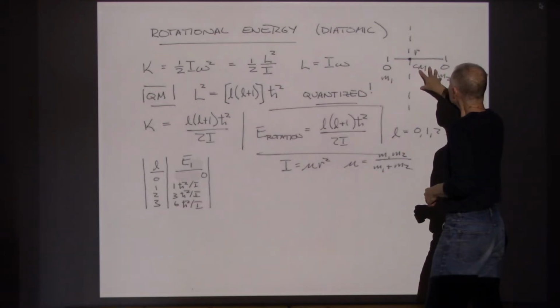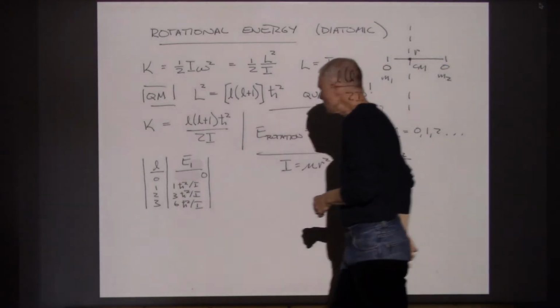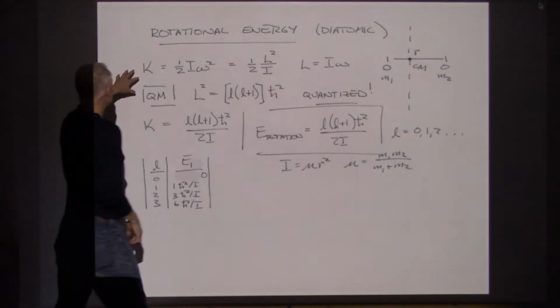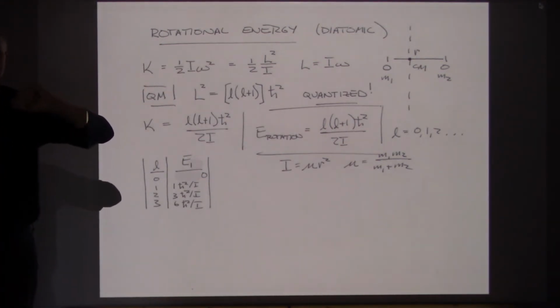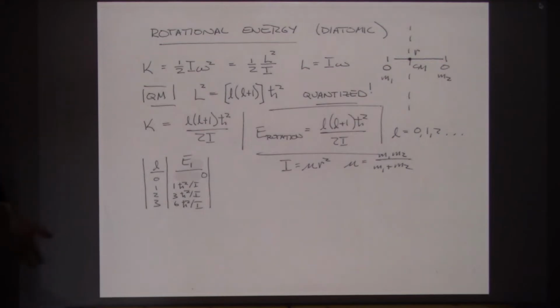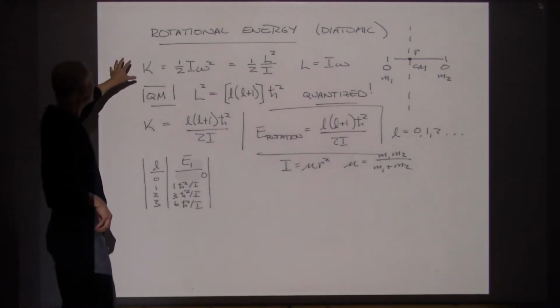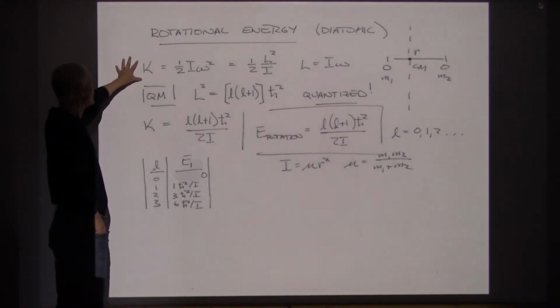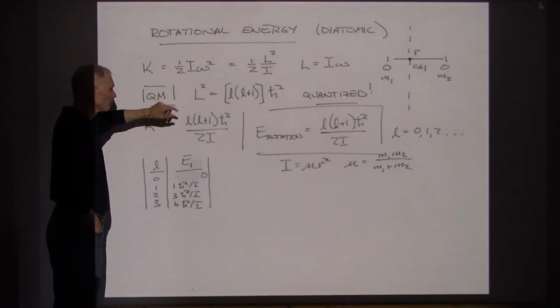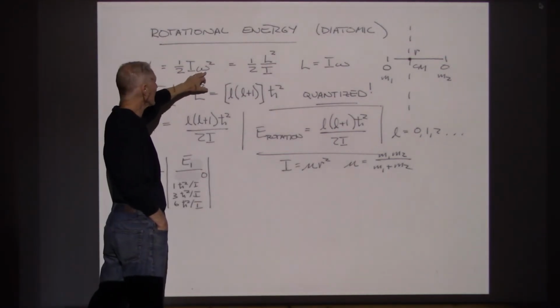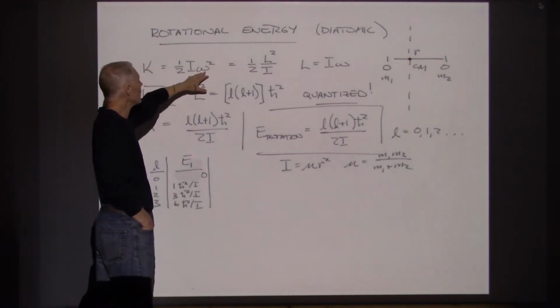Now for whatever reason I didn't put the center of mass in the middle, so apparently M1 is heavier than M2. What we can show is that the kinetic energy, now this takes us back to Physics 3A, chapters 10 and 11. That's not so long ago, right? So this is rotational kinetic energy, 1/2 I omega squared, where I is the rotational inertia and omega is the rotational velocity.